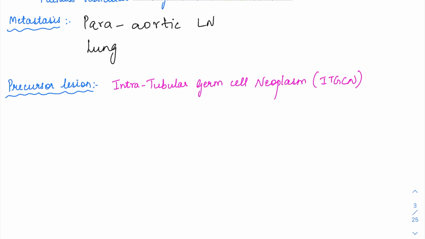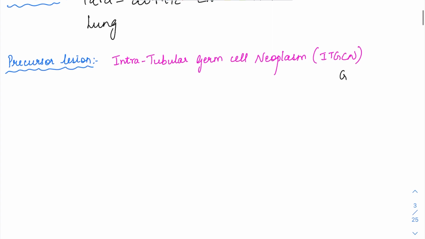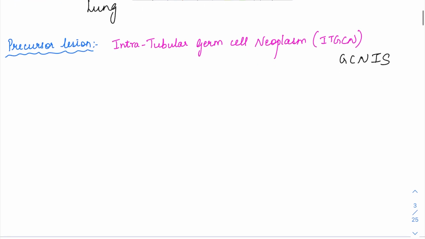Like in the breast we see DCIS, which is a precursor to breast carcinoma, the cancerous cells are limited by the tubular basement membrane. They will not invade. This ITGCN was previously termed GCNIS, germ cell neoplasia in situ, but now they have changed the term to ITGCN.